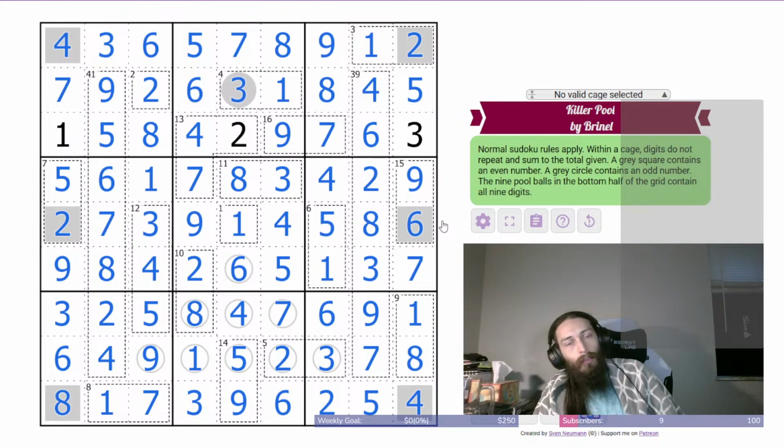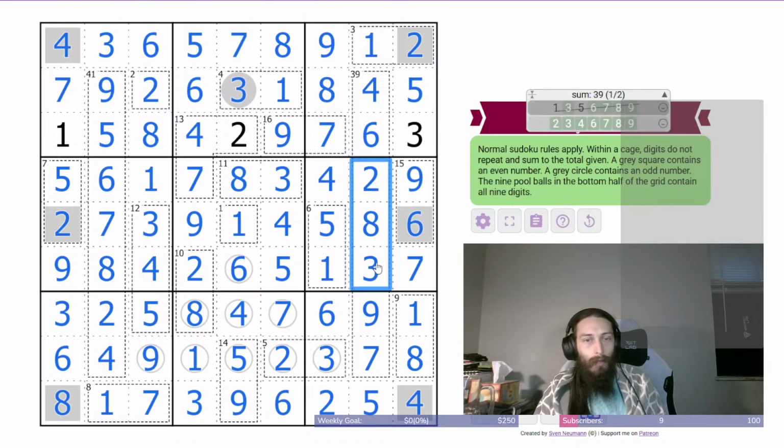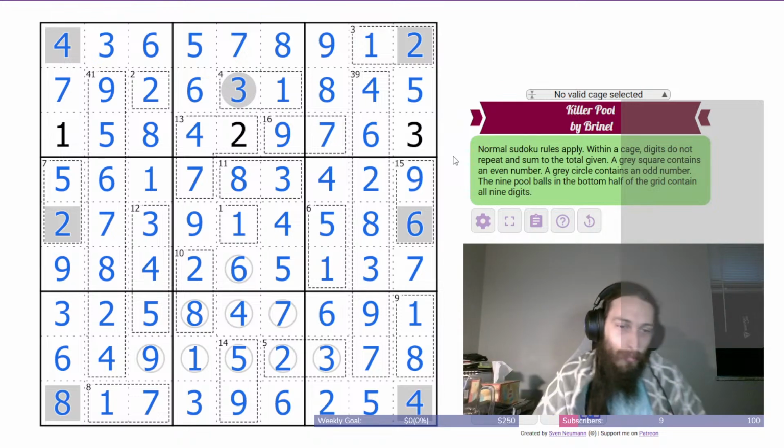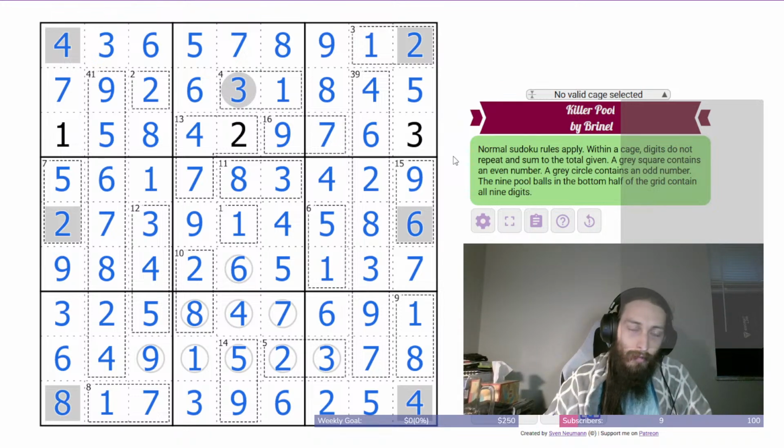And I guess the thing that I find a bit annoying about that is I had to start filling the grid in with digits in order to see that. But I guess that's part of how to solve Sudokus. Like if you get stuck, then you might as well just start pencil marking everything.